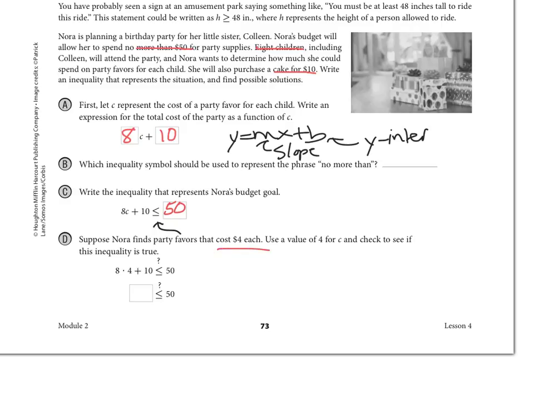Use a value of 4 for C and check to see if that will work. So we put 4 in. 8 times 4 is 32. 32 plus 10 is 42. So is that okay? Can she buy party favors that cost $4 each? Yes, because it's less than $50.